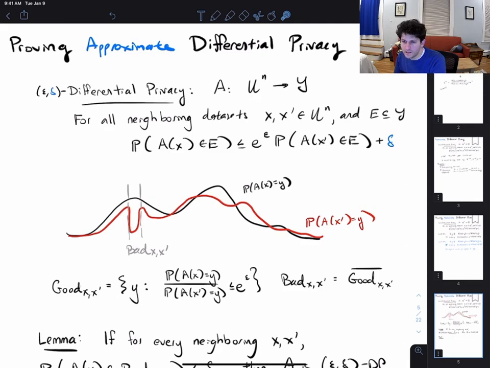What epsilon delta allows is the possibility that there are some regions where these two probability distributions are not within an e to the epsilon factor of one another. That's what I've highlighted and called the bad region here.